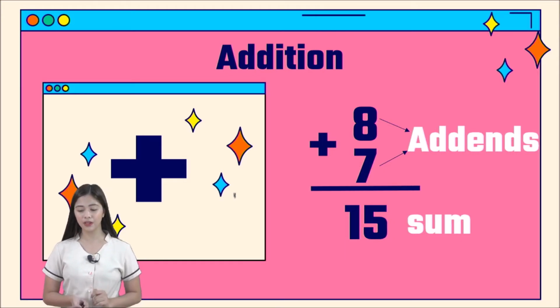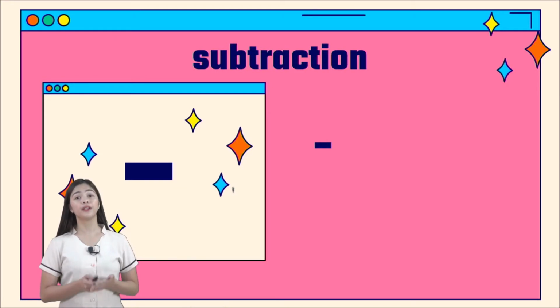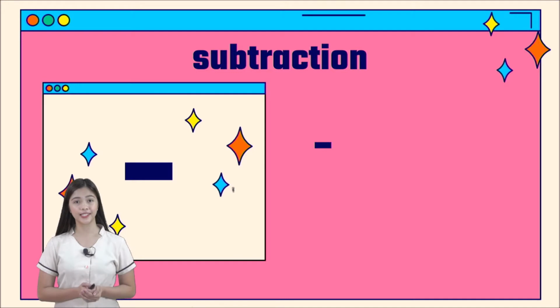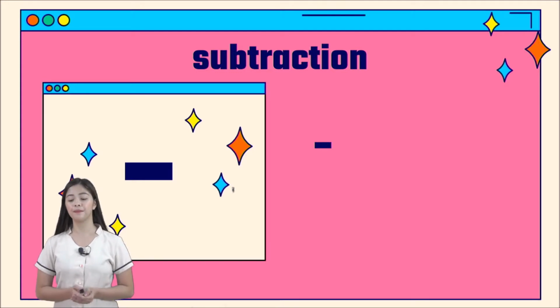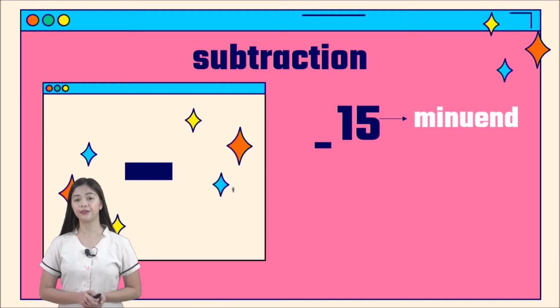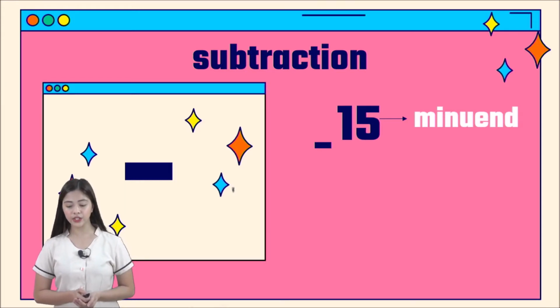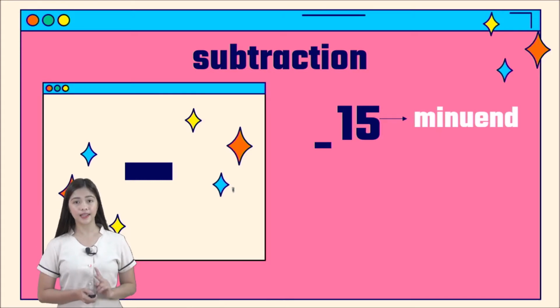So now, let's do the subtraction. So if the number 15 in addition is the sum, in subtraction, 15 will become the minuend. Again, 15 will become the minuend. And we can use both 7 and 8 as the addends or the subtrahend.